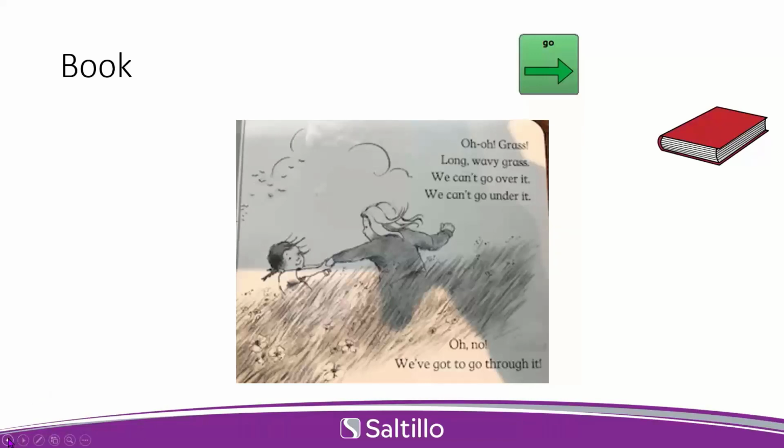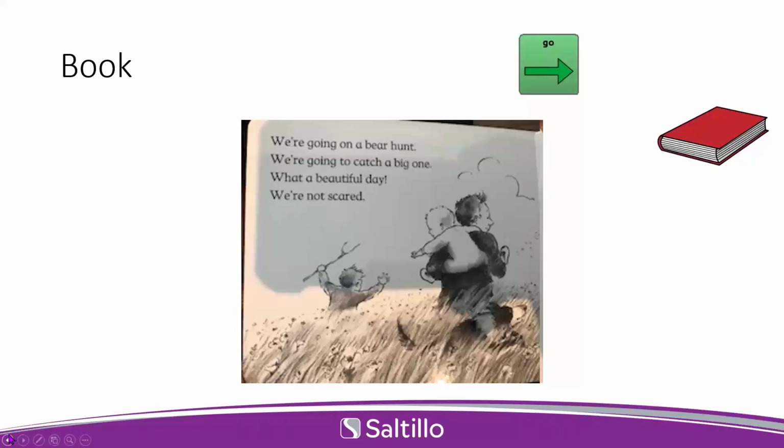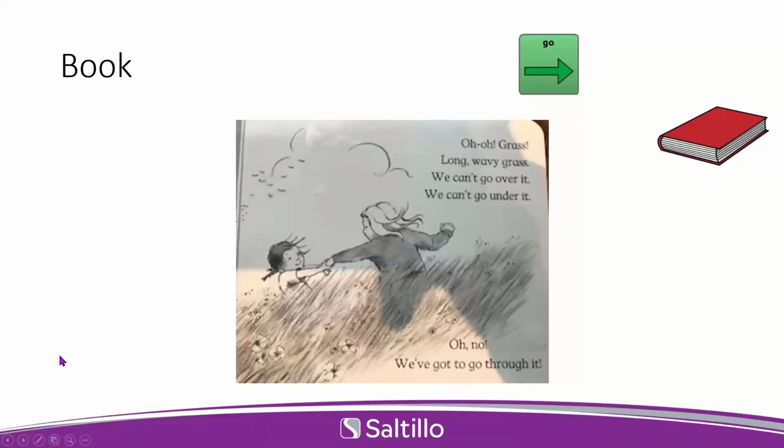Apologies. Yes, so when we're reading, we can say, we're going on a bear hunt. We're gonna catch a big one. What a beautiful day. We are not scared. And every time we're saying the word go, we touch it on our low-tech board or our device. Ooh, grass, long wavy grass. We can't go over it.